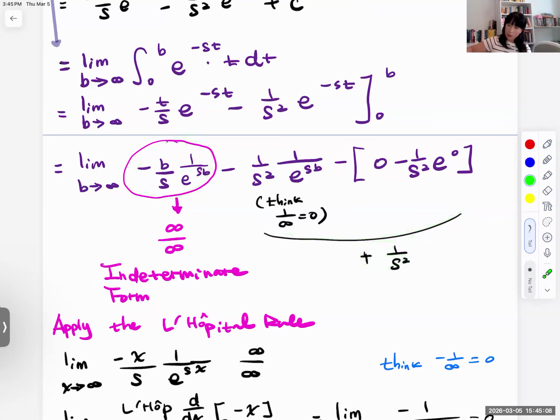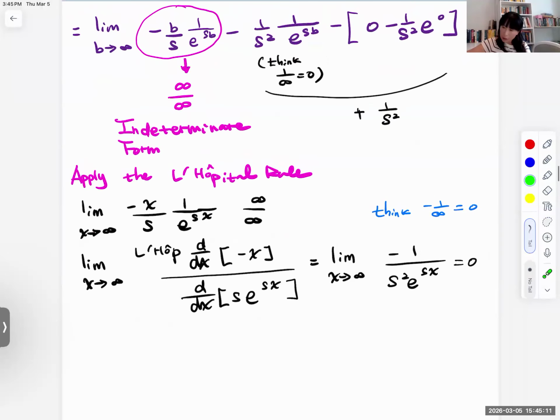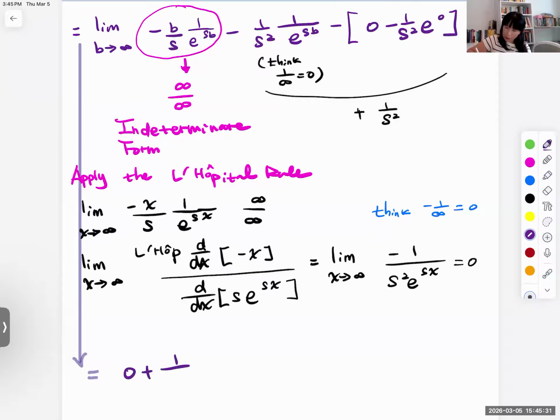Then it converges. We want only positive numbers, so s must be greater than zero, not equal to zero.